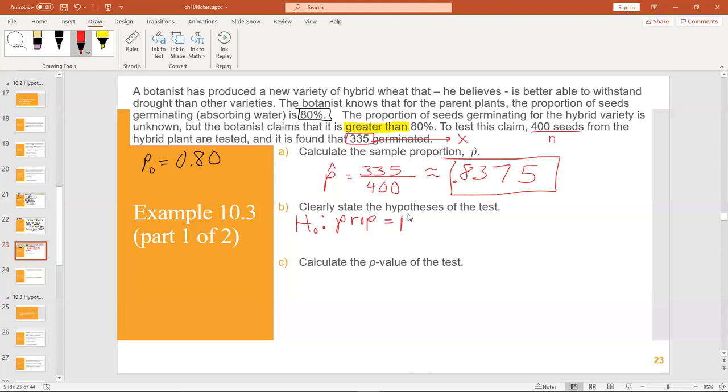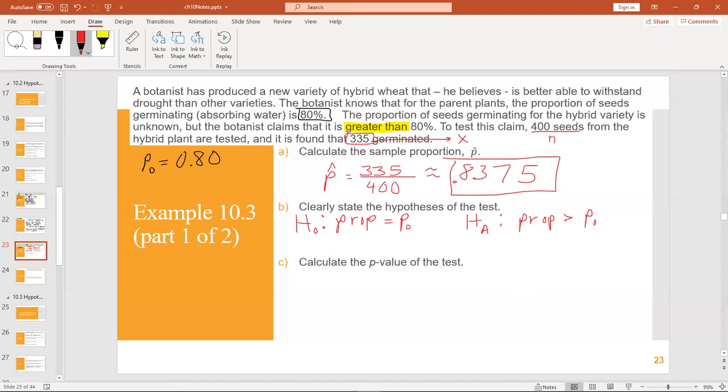It is always a statement of equality. Always, always, always. The 0 means there's no difference, zero difference, which is another way of saying they're equal. HA: they say greater than, so that means the proportion needs to be greater than P0.